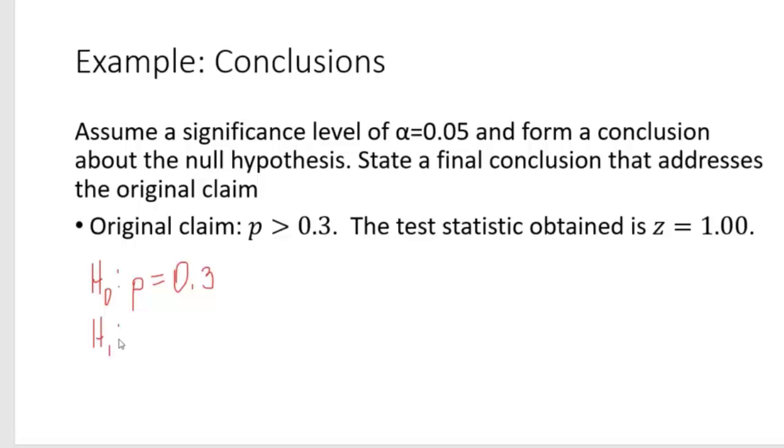So our alternative this time will match up with our claim that it's greater. So when we reject or fail to reject the null, our wording for the claim will be a little bit different because this is the one that's the claim. Now, since we are only testing to the right, because we're looking for greater than, I need to know this critical z.